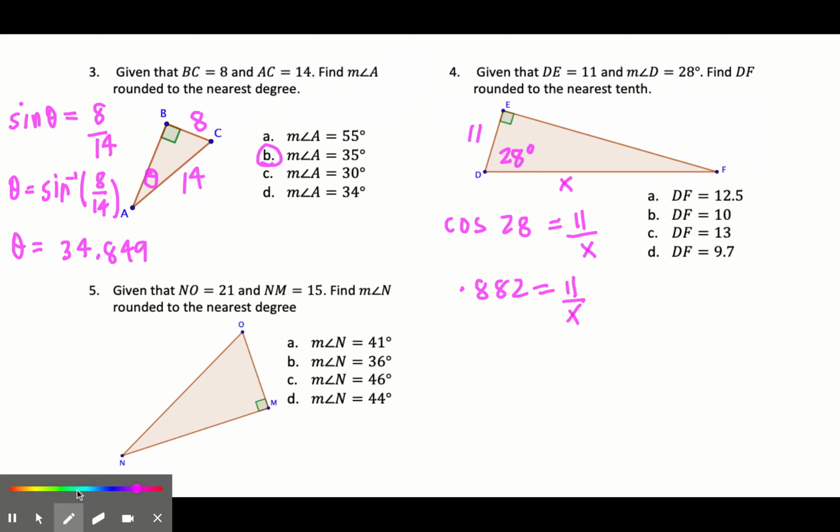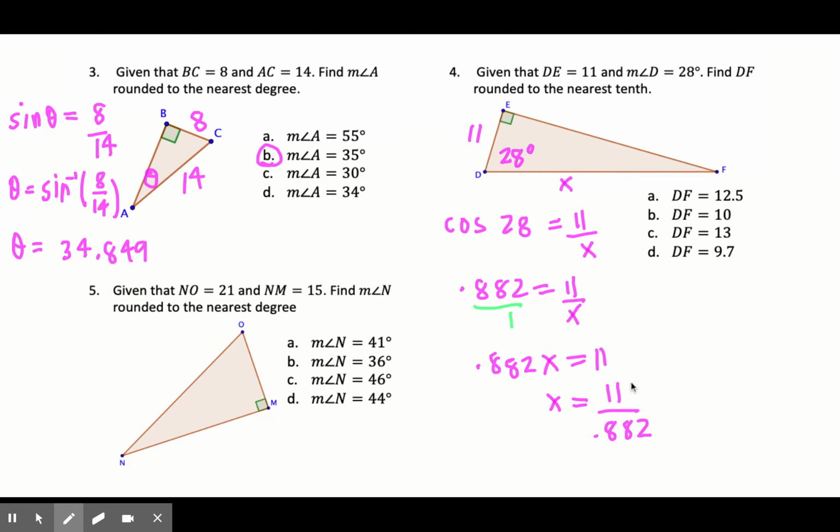And then you want to write that over 1, and then you cross multiply, and you get 0.882x equals 11. So x equals 11 over 0.882. And then you do 11 divided by your answer on your calculator, and you get 12.458. Rounded to the nearest tenth is A.